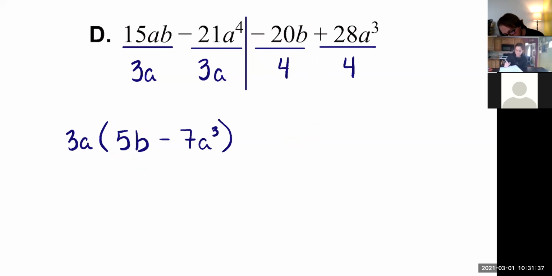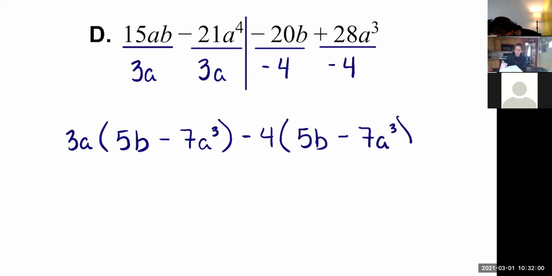It saves you some backtrack. So changing the signs here just means we divide by a -4 instead of a positive 4. Negative 20b divided by -4 is going to give me a positive 5b. And 28a to the third divided by -4 is going to give me a negative 7a to the third.